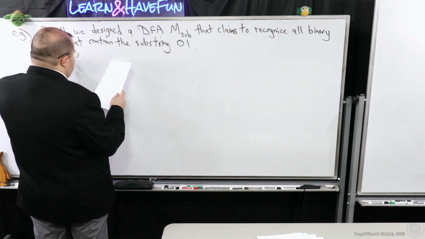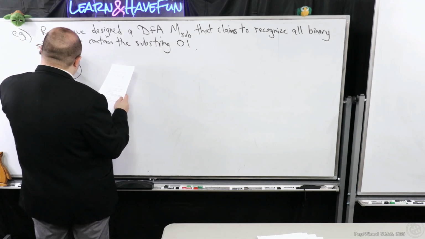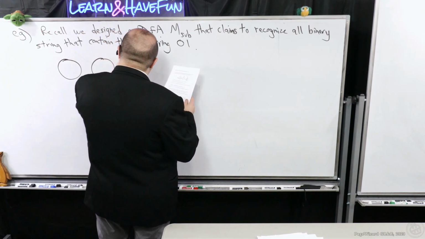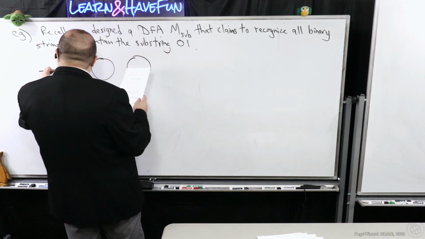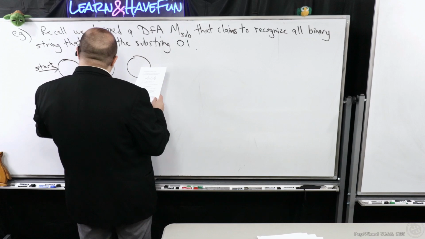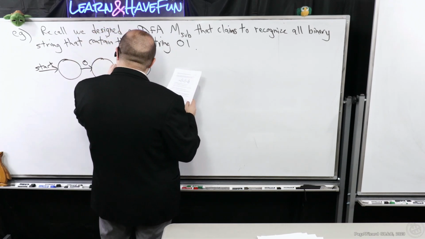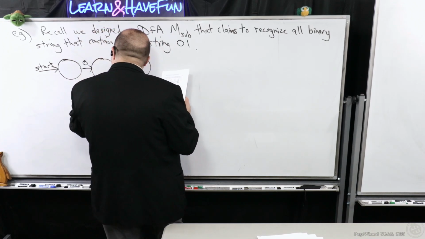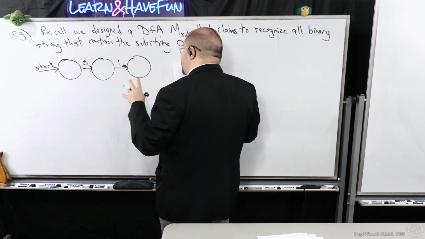So this is the design we came up with. We tried to come up with a rule by designing a pathway that says the sequence of symbols 0, 1, because we need to have that appear somewhere in the string.